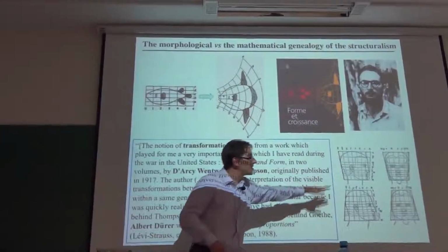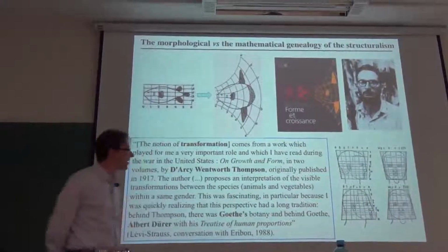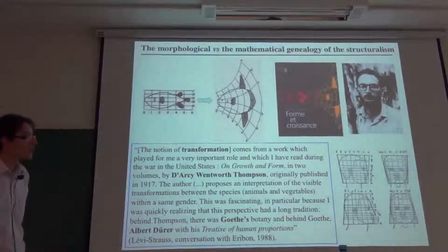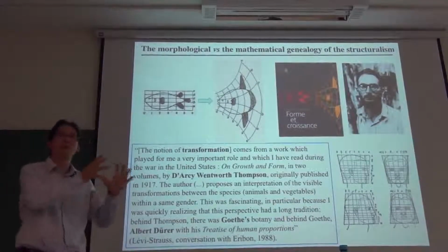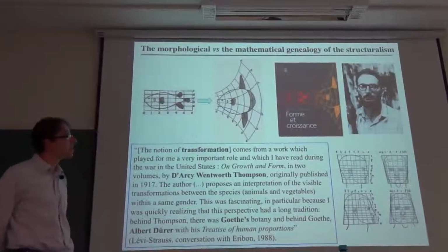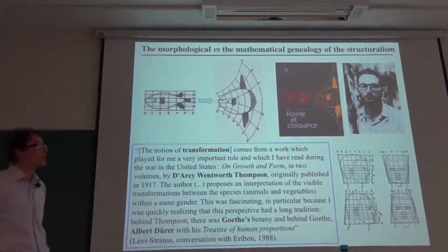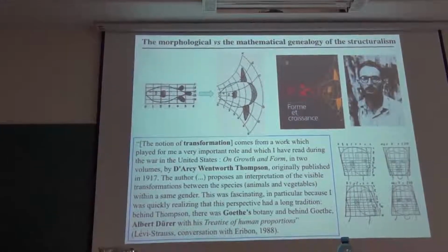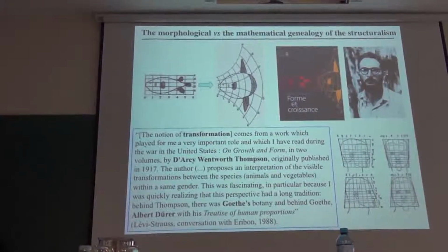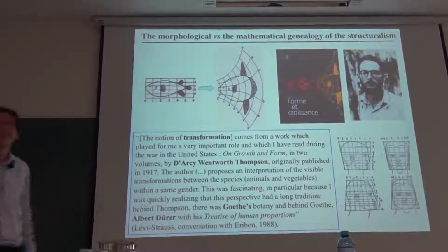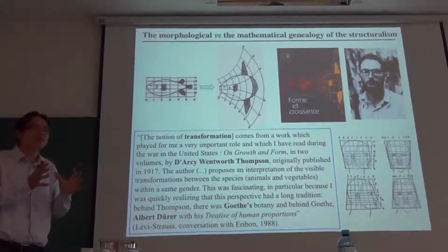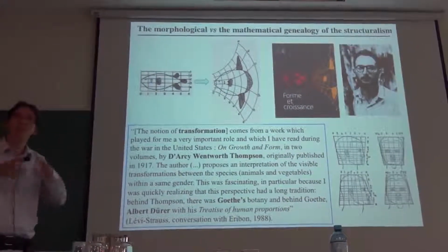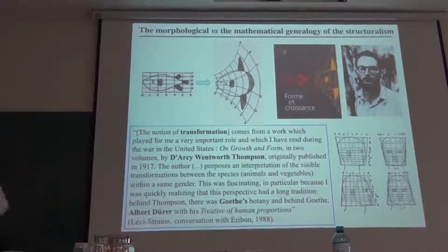And this is also very clearly connected with Dürer's treatise of human proportions, in which he is playing with the underlying space in which the object is described. And I find this very compatible with what we were saying. You have a piece, and the style of the piece has to do with the space in which you are putting your piece.